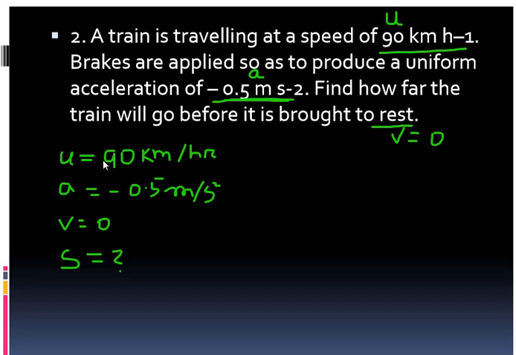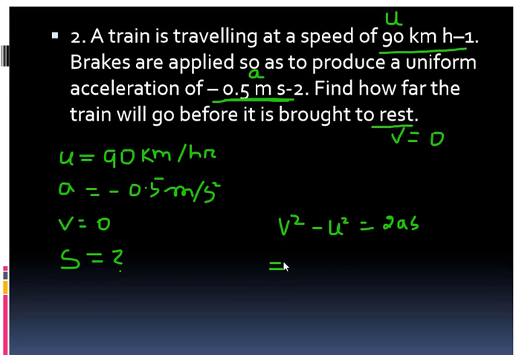So we have u, we have a, we have v. So there is a formula, that is v square minus u square is equal to 2as.